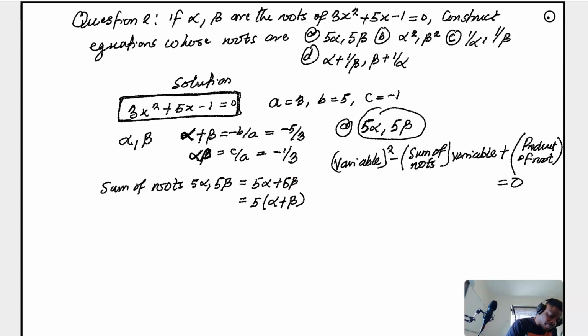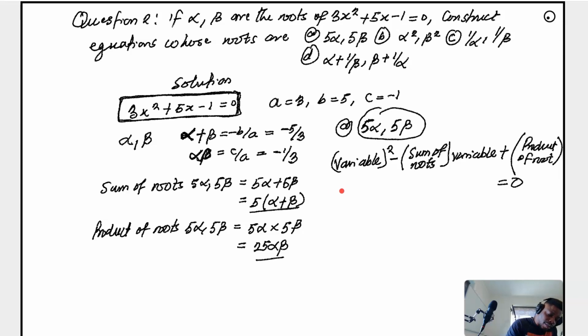This is the sum. Now let's get the product. Product of roots, 5 alpha, 5 beta. That is, I'm multiplying 5 alpha times 5 beta. So this is 25 alpha beta. So that is the sum and this is the product.